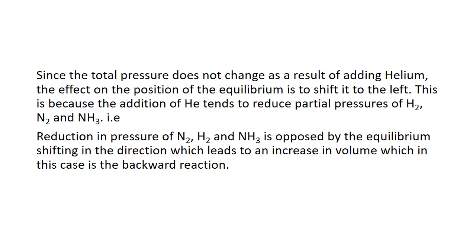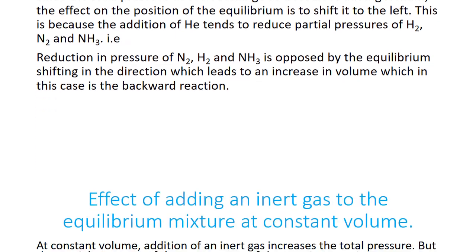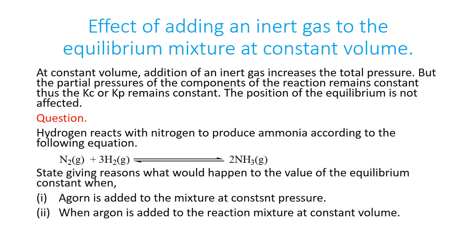That means our equilibrium is going to shift to the left, so that we can accommodate the extra pressure brought about by the helium gas. So we shall have an equilibrium shift from the right to the left. However, the value of the equilibrium constant remains constant.